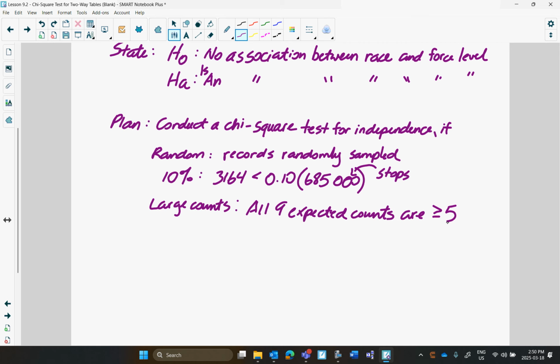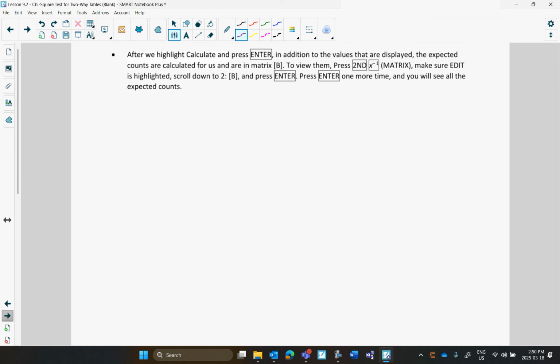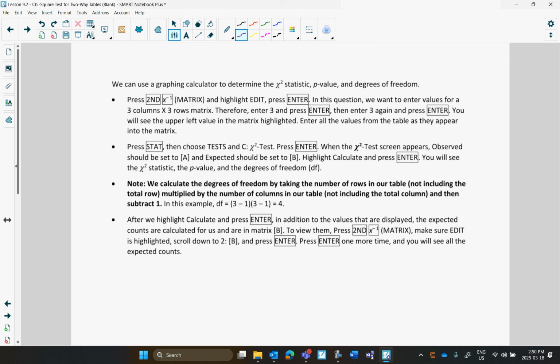For the do phase, we're going to see something different. How do we enter a table? We've entered lists, but how do we enter a table?